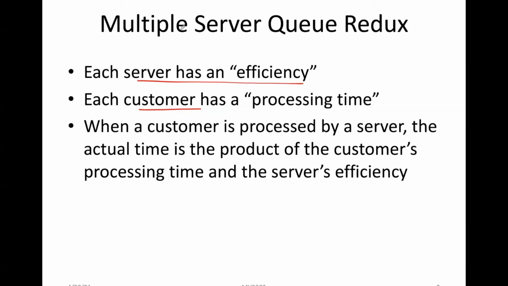The customer's processing time is how long it would normally take to process this particular customer. But the server's efficiency comes into play, because if you have a faster server, they're going to be able to process the same customer faster than a slower server. And that's what we're trying to capture.